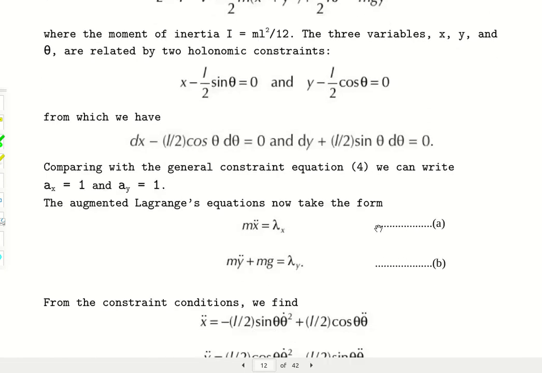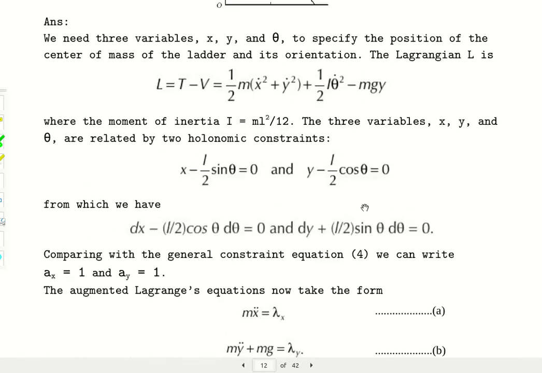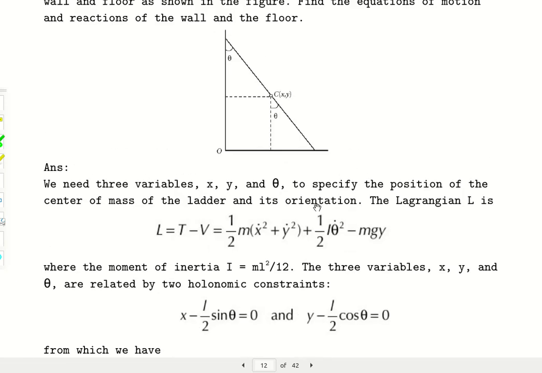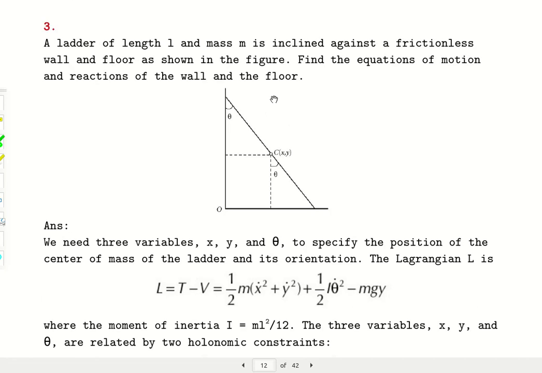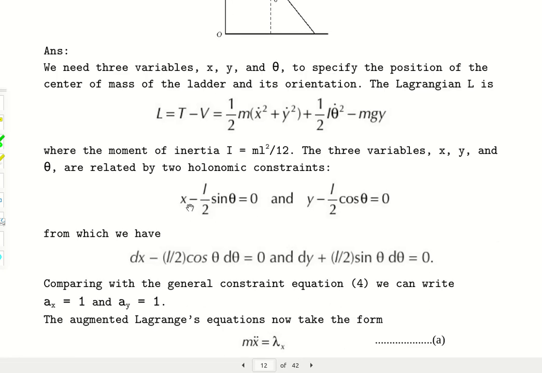Proceeding in the same manner you can find it, but here you can see there are two equations of motion and two constraints. See the motion of a point C, the coordinate is xy, so x is this length and y is this length and theta is this.